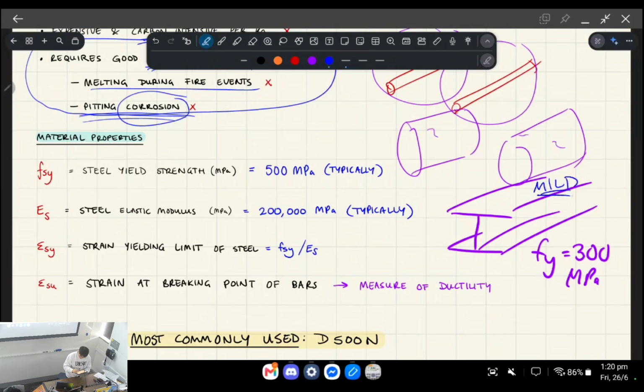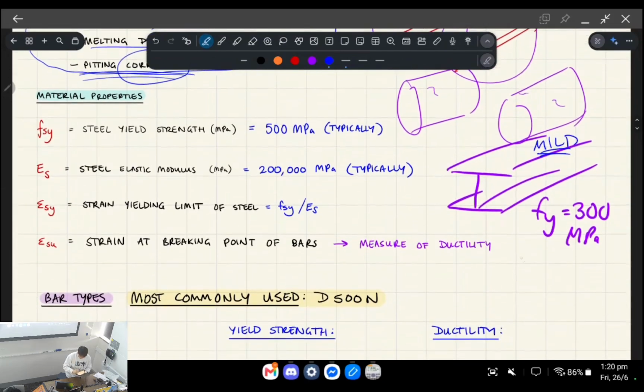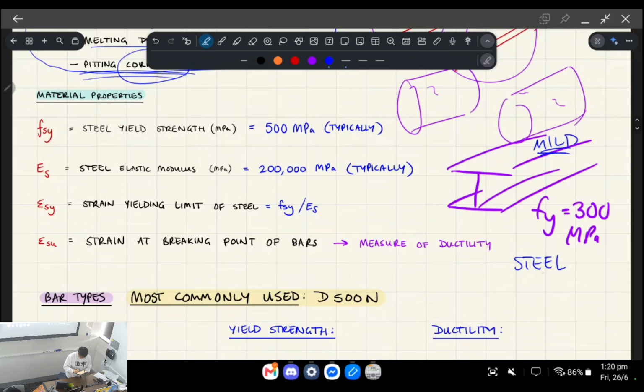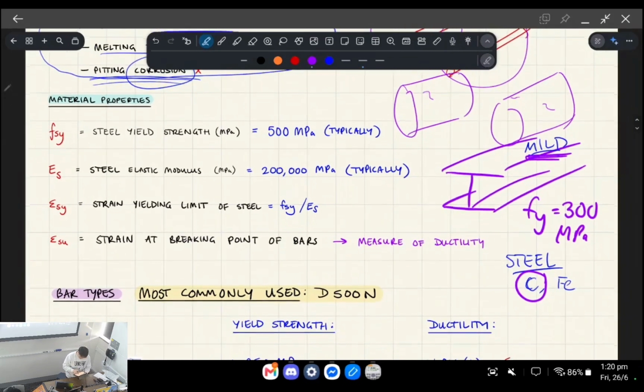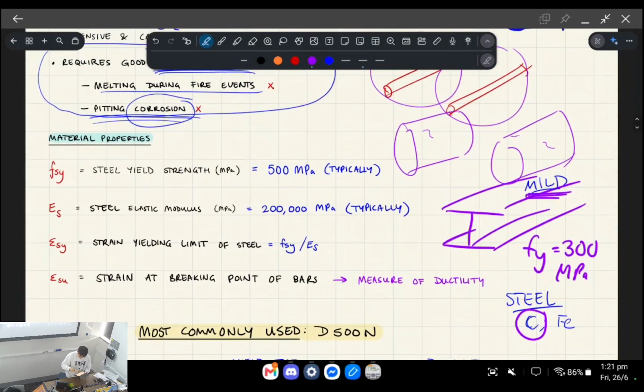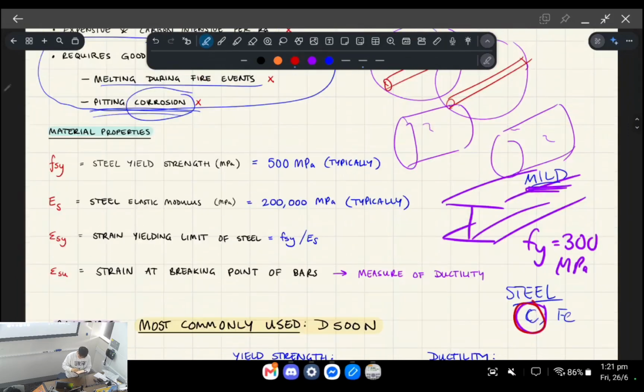Mild refers to the carbon content in the steel alloy. So remember that steel is an alloy of carbon and iron, right? The proportion of carbon in the steel alloy determines whether it's mild or high carbon content steel, etc. As you increase the carbon content in the steel, it becomes stronger but more brittle.